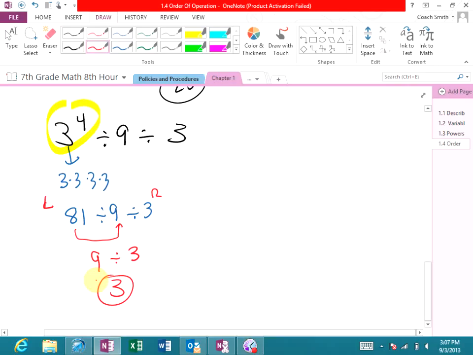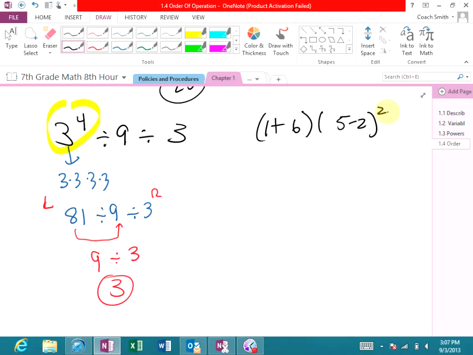Okay. Now, let's look at this one. 1 plus 6 in parentheses, and the next parentheses is 5 minus 2, the whole thing raised to the 2nd power.